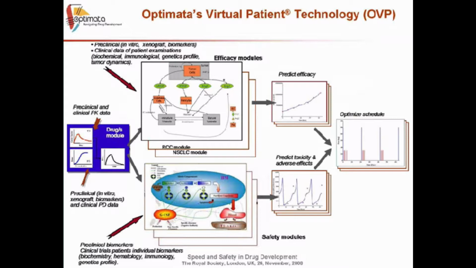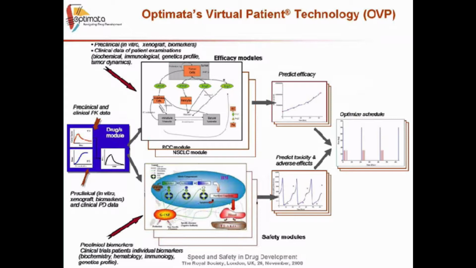So really, in a nutshell, the virtual patient technology, let's navigate quickly through it, starting from left and going to the right. So on the left panel, you see just a sketch of our pharmacokinetics and pharmacodynamics modeling. So this would be elaborate but classical approach to mathematical modeling of PK and PD using available information.